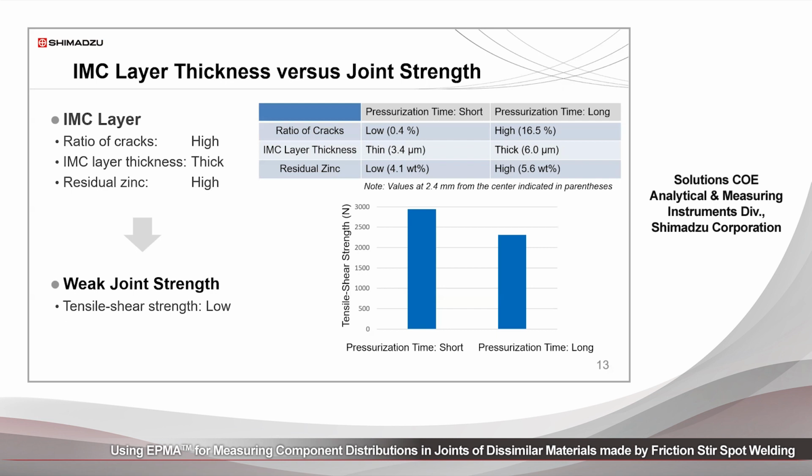And as we expected, for a long pressurization time, the tensile shear strength is lower, or it's not as strong as compared to the short pressurization time. In other words, the bond strength, or the weld strength, the joint strength, is higher on average for the short pressurization time versus the long pressurization time.